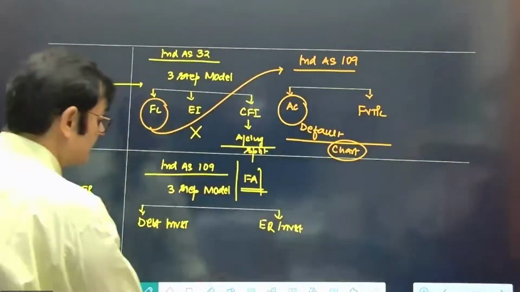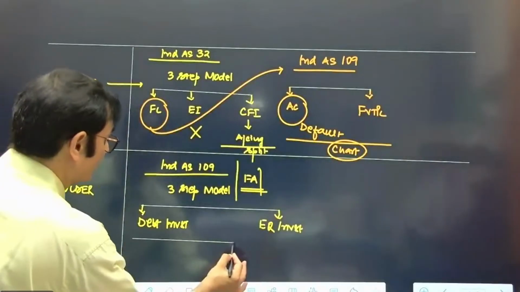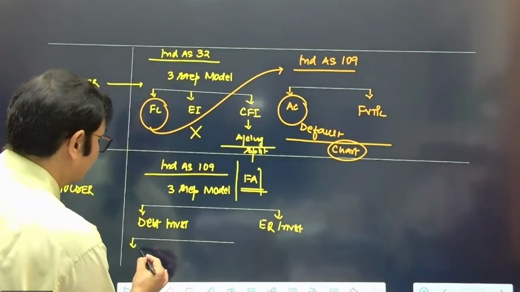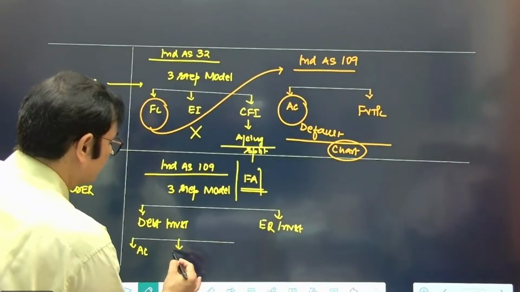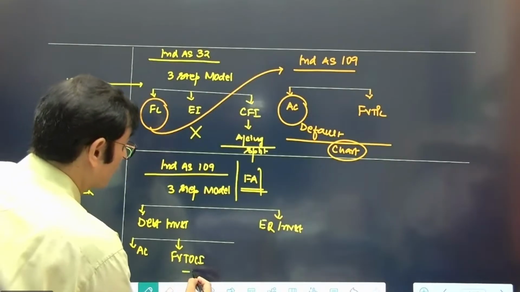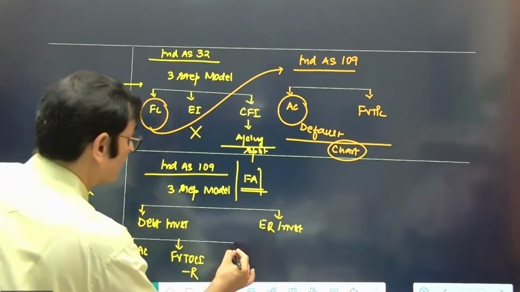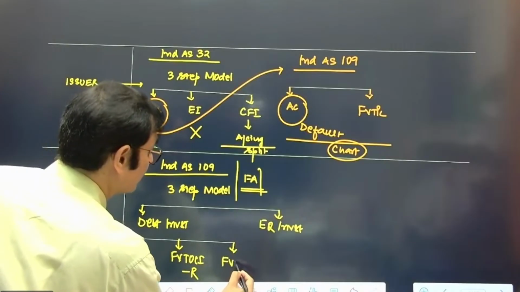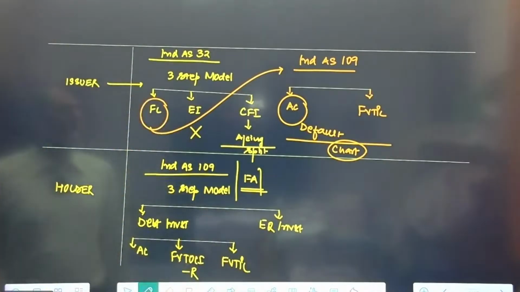Now, when it comes to the concept of debt investments, we have various categories like AC and FVTOCI, which is always R, a debt investment is always R, and FVTPL.